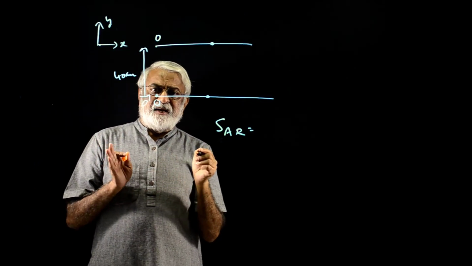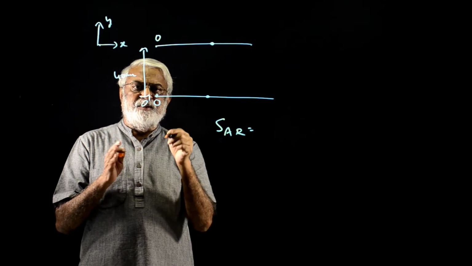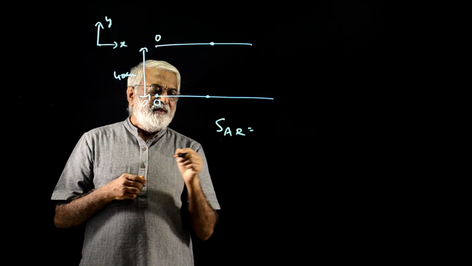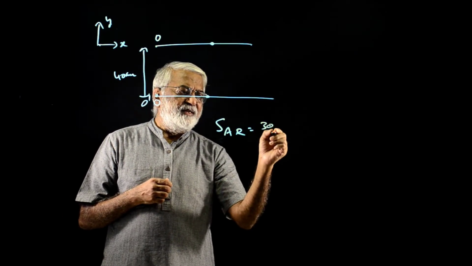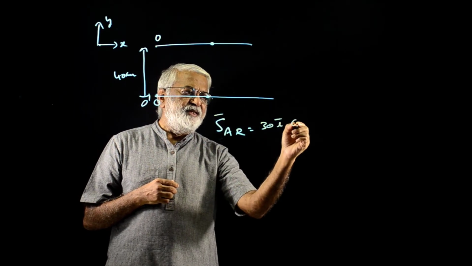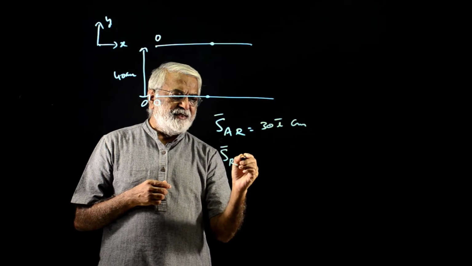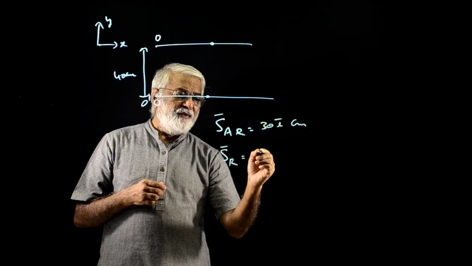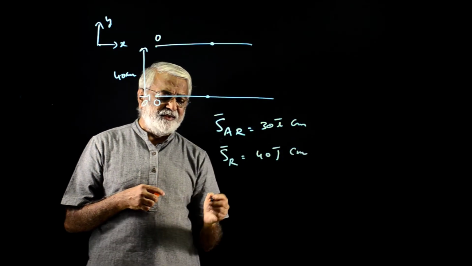The axes are parallel here, that is, x and y axes attached to the rod and x and y axes attached to the board are parallel. So this displacement of the ant related to the rod is 30 centimeters. Well, we'll put a bar on that, 30 i bar centimeters. Displacement of the rod is 40 centimeters, that's 40 j bar, that's in the y direction.